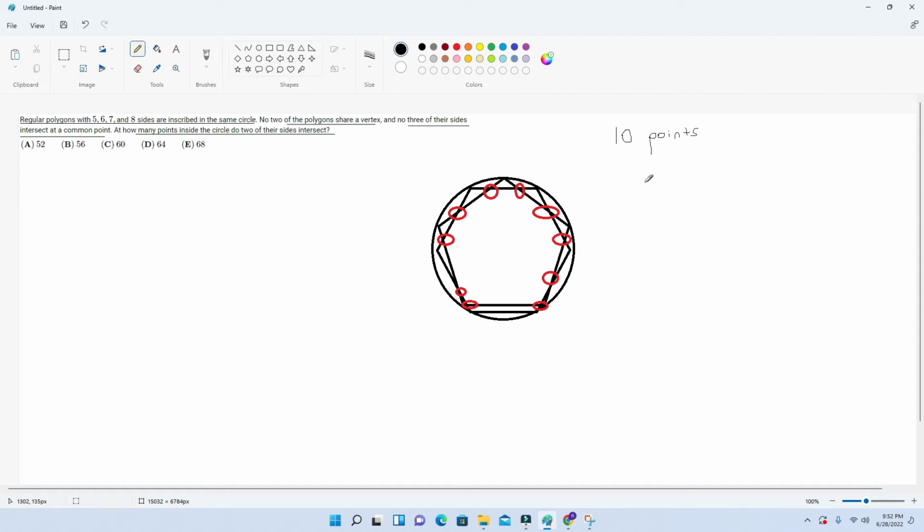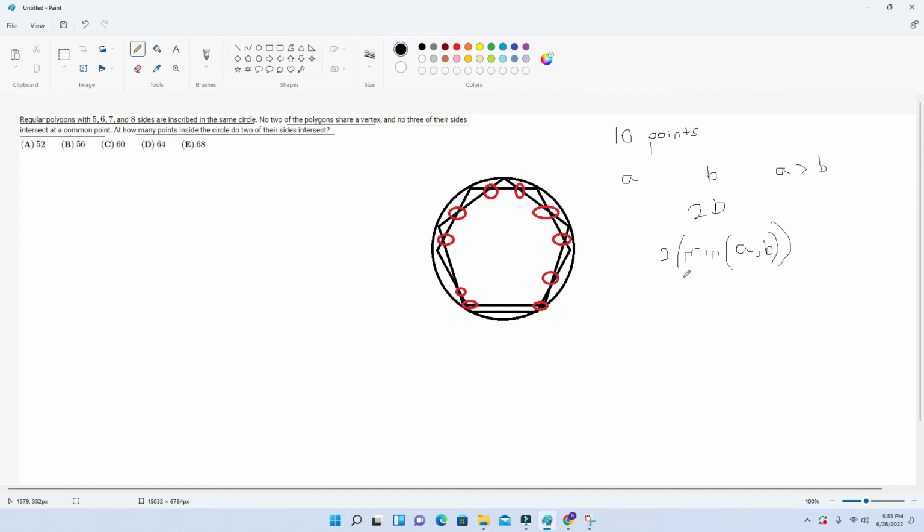So then we can generalize this to, if we have an A-sided regular polygon and a B-sided regular polygon such that A is greater than B, the number of points that they would intersect on the inside would be 2 times B. And even if we didn't know whether A was greater than B, we could just write 2 times the min of A and B. So this is pretty much the problem, right?